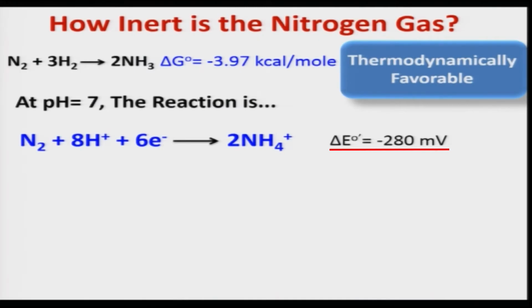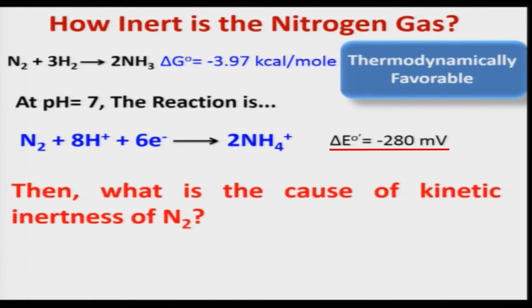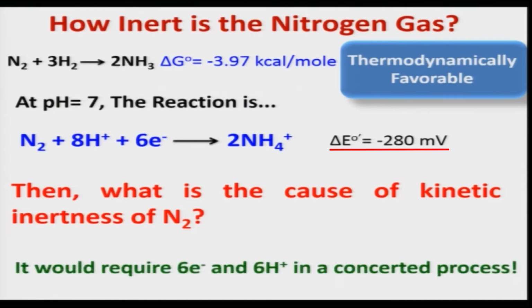So, if this is the case, then what is the cause of its kinetic inertness? As you can see, the reaction of nitrogen converting to ammonia requires 6 electrons and 6 protons in a concerted process. You have to add 6 protons and 6 electrons all at a time, and only then can this nitrogen convert to ammonia.